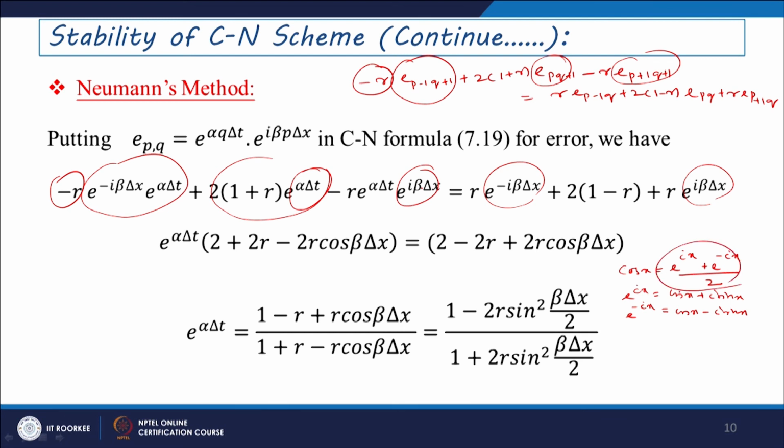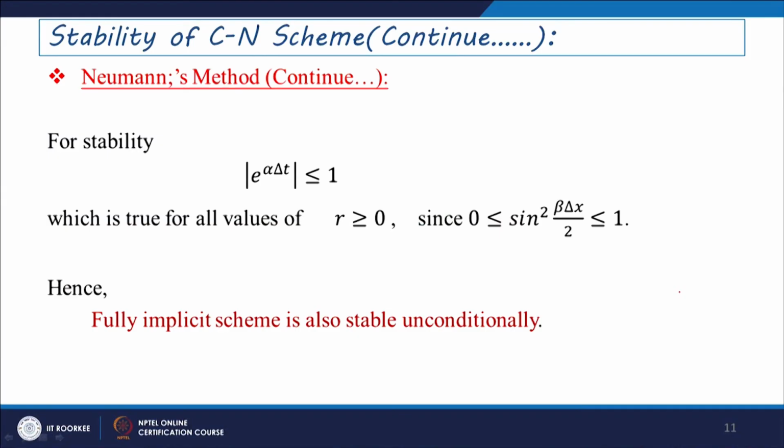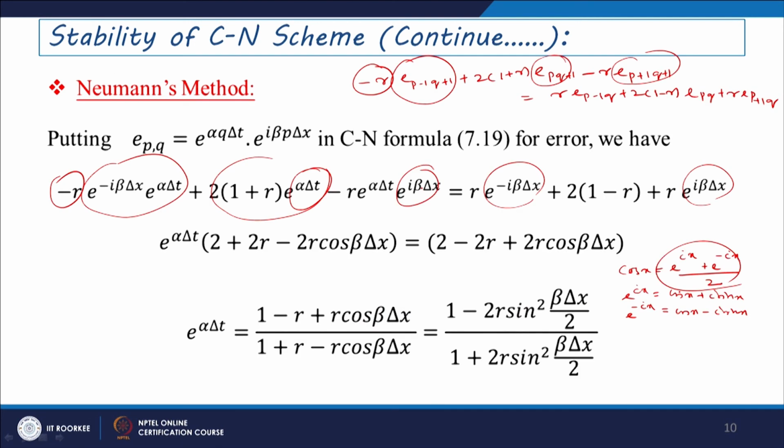So if we go further in this von Neumann method, we can consider the stability condition, that is the modulus of e to the power alpha delta should be less than or equal to 1, which is true for all values of r greater than or equal to 0 here. Since we are considering e to the power alpha delta, that is the absolute value of this expression here.